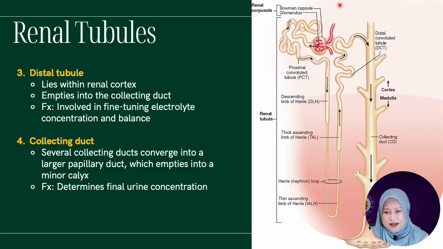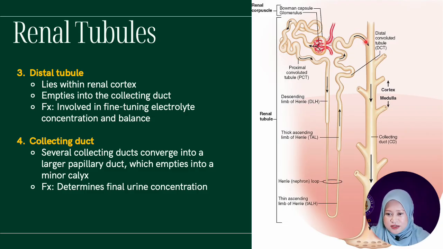Sodium, potassium, calcium, hydrogen ions can be regulated here depending on the body's needs. And hormones such as aldosterone also influence what happens in this segment. So if you think of the proximal tubule as bulk reabsorption, the distal tubule is more about adjustment and control.